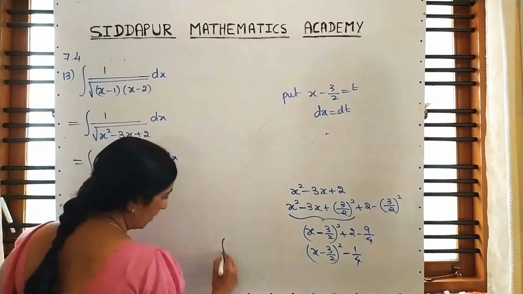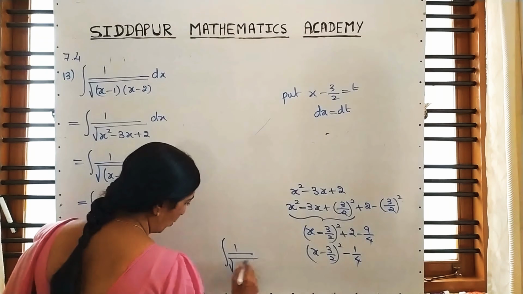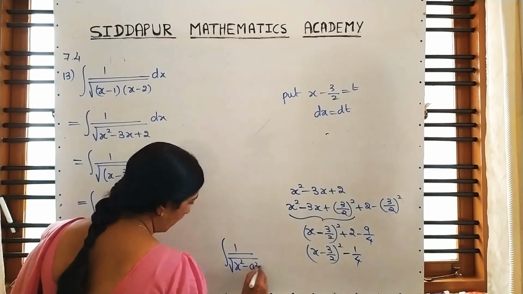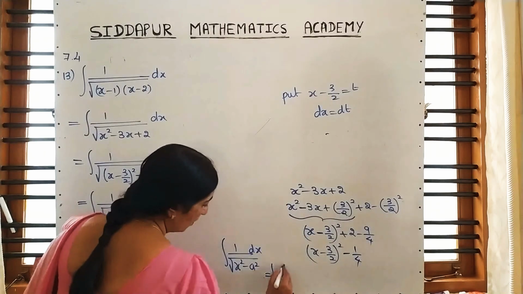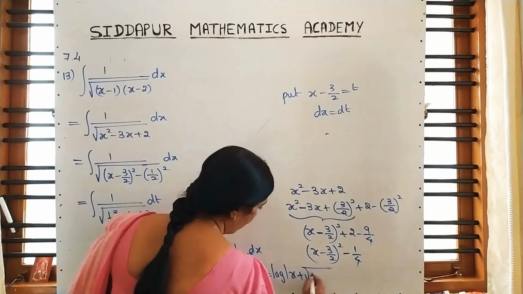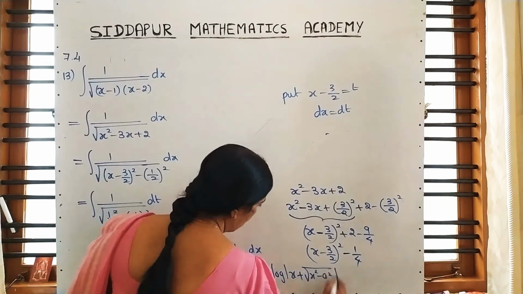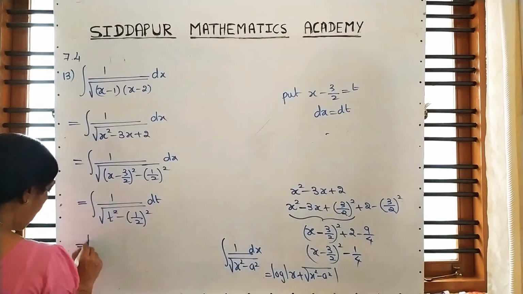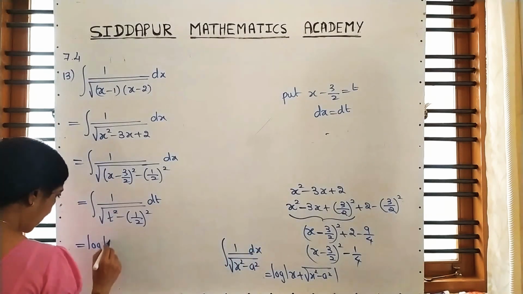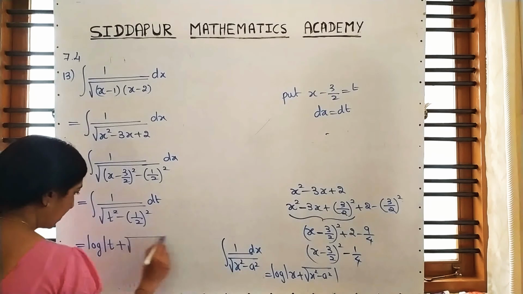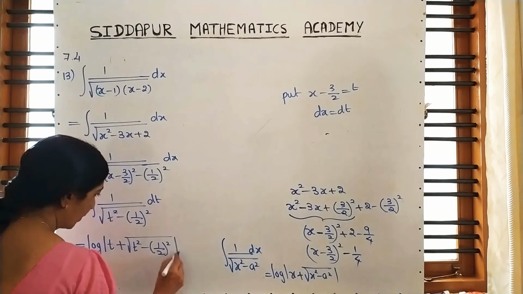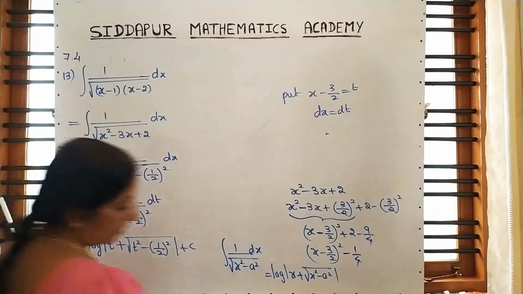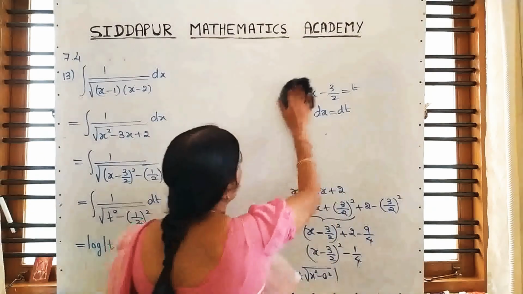Have you remembered the formula for 1 upon root of x square minus a square? Yes, what is that? Log of x plus root of x square minus a square. It is log of, in place of x we have t, plus root of t square minus (1 by 2) whole square plus c. Now write down that t value.